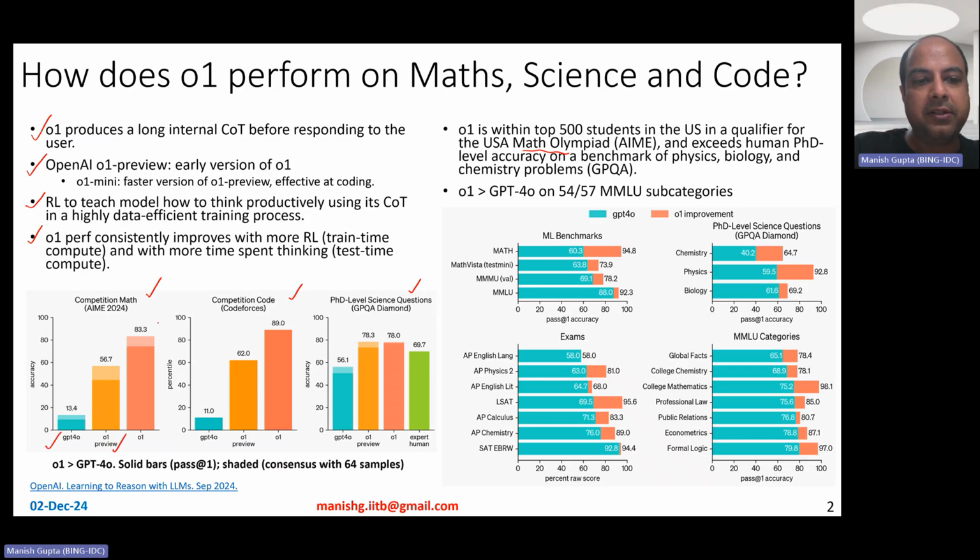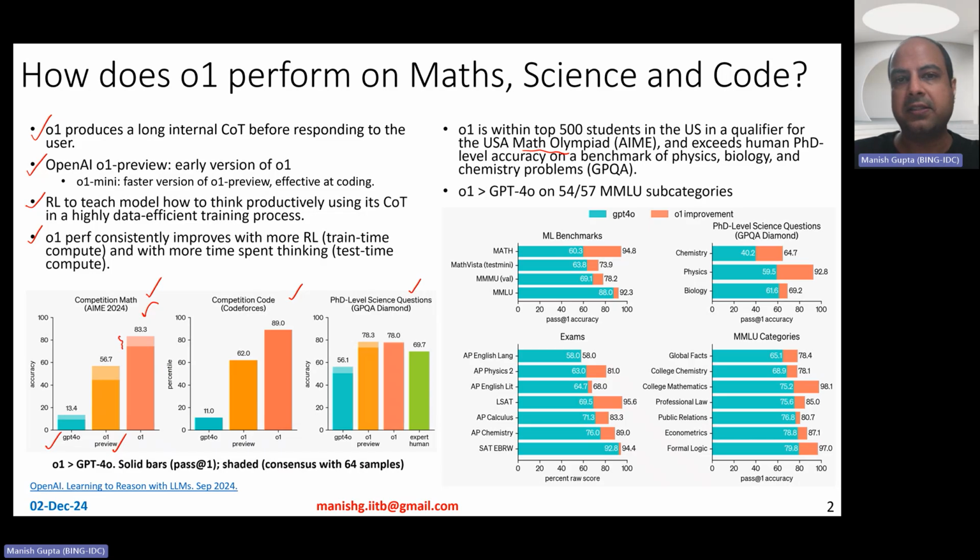You observe that O1, right, essentially gives you 83.3 on AIME. The solid bar here basically means if you just give one chance for it to give the answer, versus the shaded ones, which are on top of the solid ones. Basically, it means that you give 64 chances and then you can select based on a consensus of 64 samples from the model.